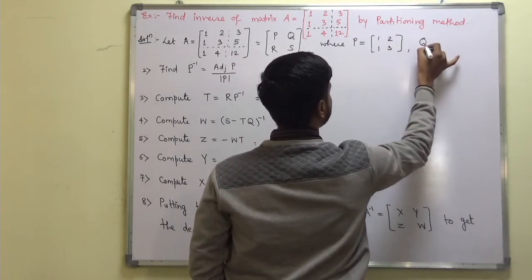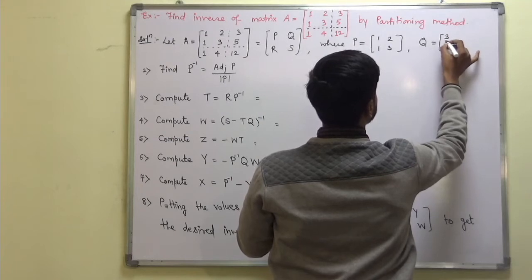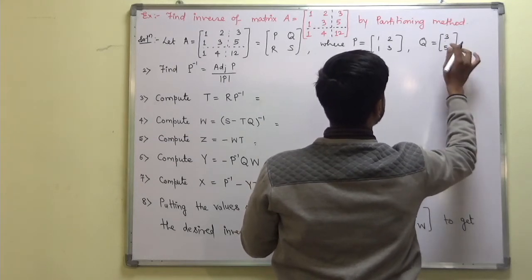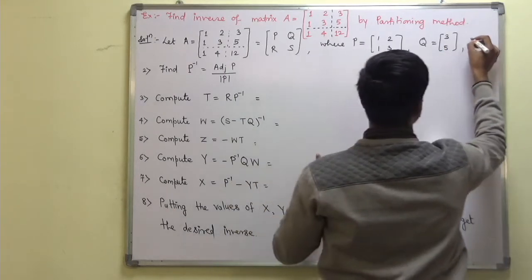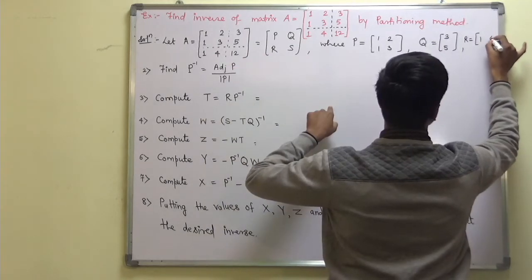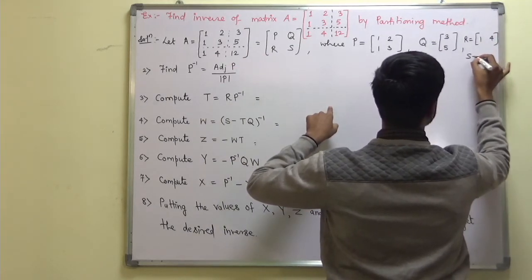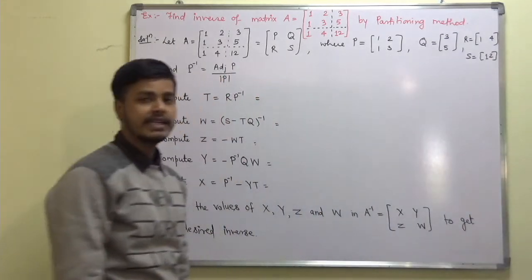Matrix Q is 1, 4. Matrix R is 3, 5. And matrix S is a 1 by 1 matrix having the element 12.